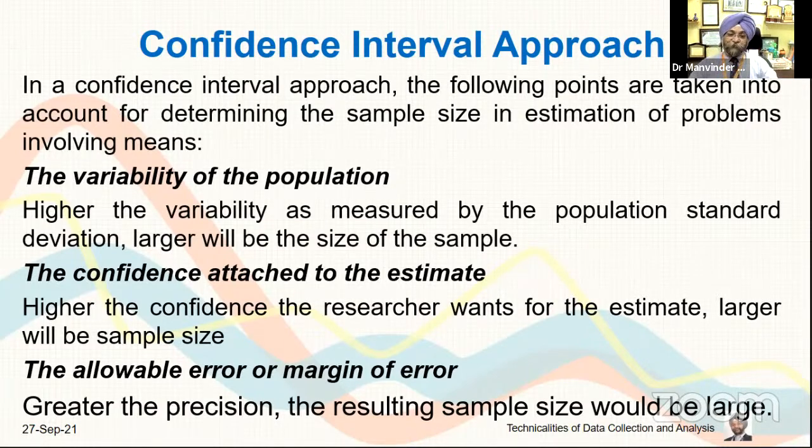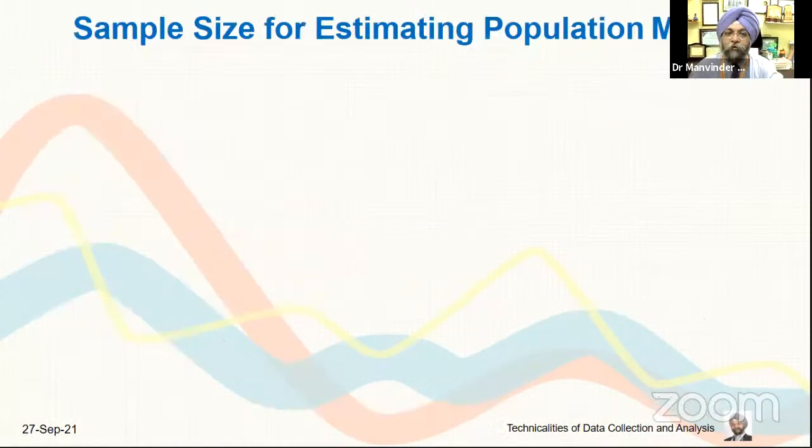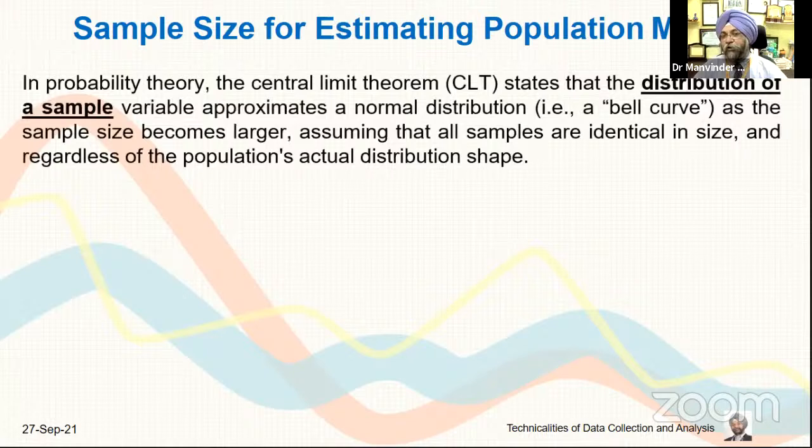Let us see how we work out the sample size for estimating the population mean. Now in probability theory, you might have come across the central limit theorem. The central limit theorem states that the distribution of a sample variable approximates a normal distribution, that is a bell curve, as the sample size becomes large.